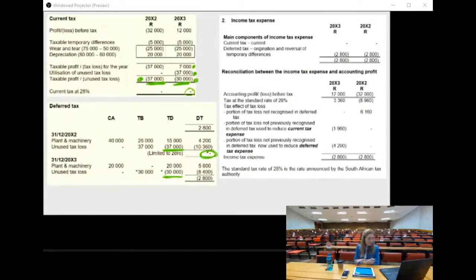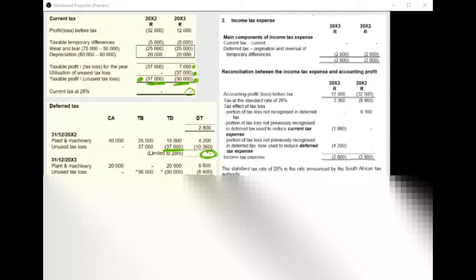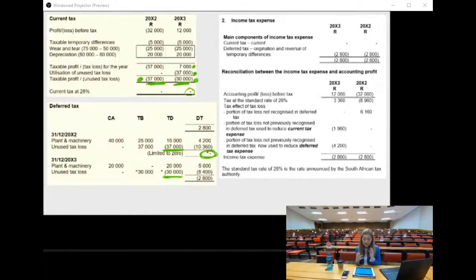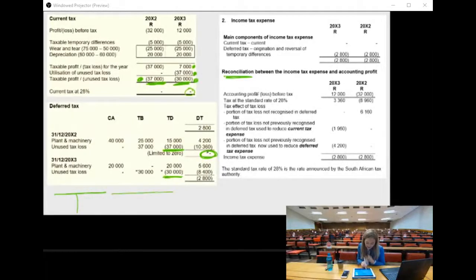So the recognition there was limited to 0. So therefore, we could not recognize that full unused tax loss, and like we know, that is going to give us problems in our reconciliation. Good. So what happens here in 20X2? There's my deferred tax and there's my income tax expense.